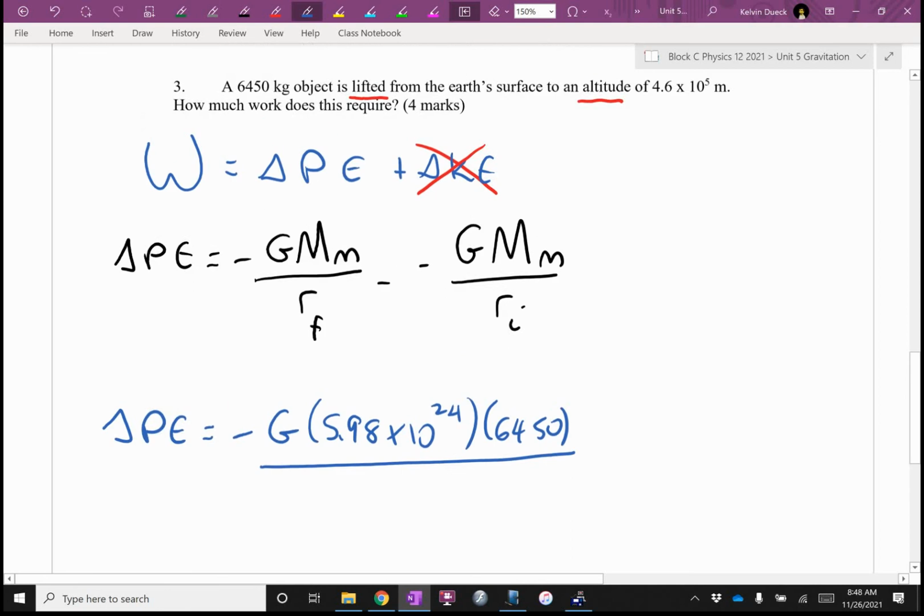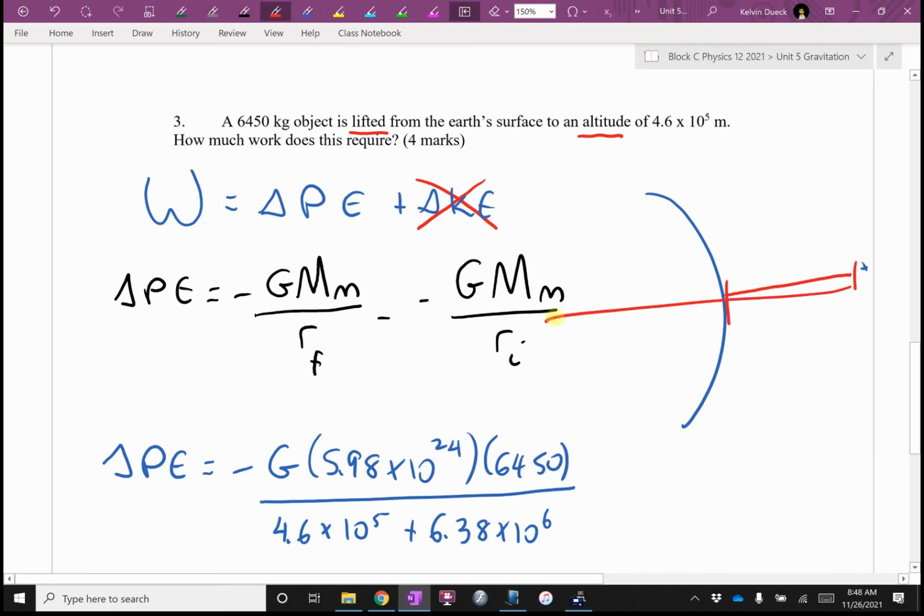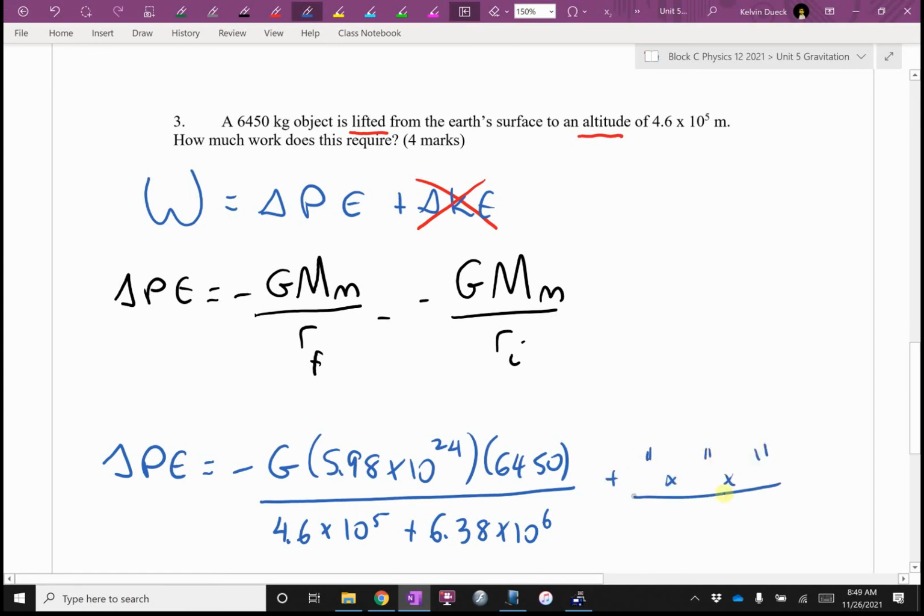Our final is going to be, Annika, the altitude plus the radius, because all they gave me when they gave me the altitude was that distance. And I need that distance for my equation. Is that okay? And then minus minus, which is a plus, same thing times same thing times same thing, divided by, and I guess we're just starting out on the radius of the Earth.